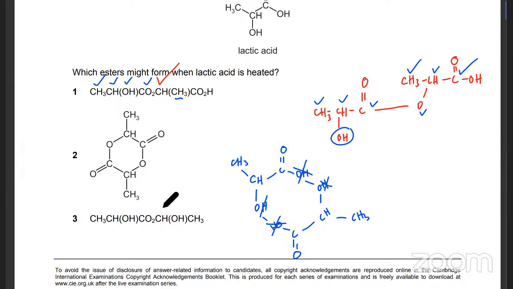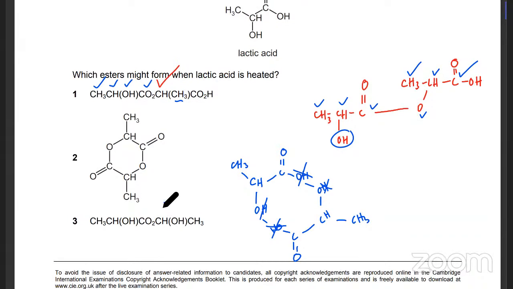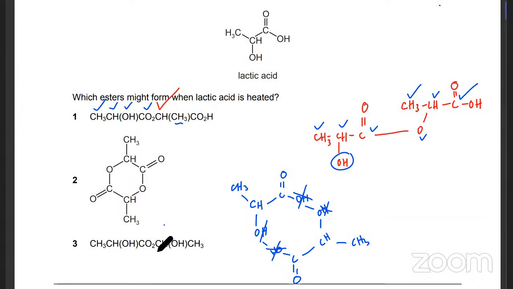What about the last one? Can the last one be formed? Without even drawing this, can the last one be formed? No. Even if you take a cue from this one, the carboxylic acid reacts with the alcohol, right?